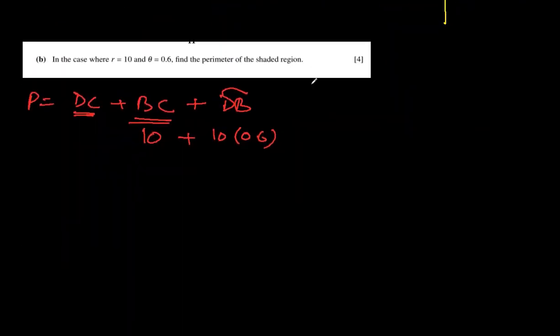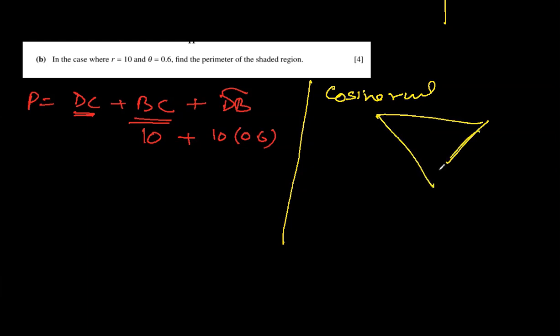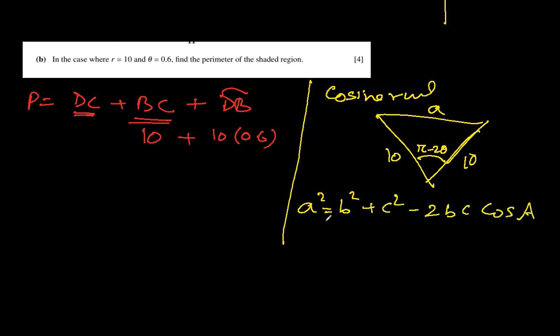So I'll use the cosine rule here. We have a triangle where this side is 10, this side is 10, this angle is pi minus 2 theta, and we have to find this side. Let's call it A. All right, and the cosine rule is a squared equals b squared plus c squared minus 2bc cos A. The side A and the angle are opposite, so this angle will be used as capital A, and this A will be used for the unknown side.